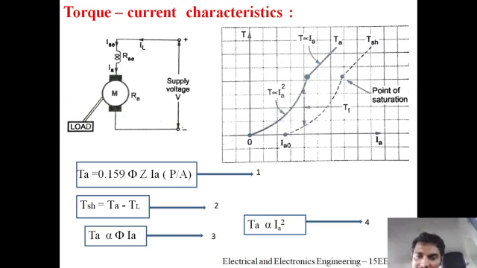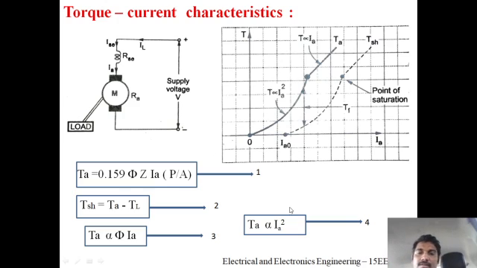If the armature current is increased to 4 amperes, you can observe 4 square, that means 16. If armature current is 4 amperes, then the torque is 16 Newton meter. Like this, the torque increases as the square of the current.